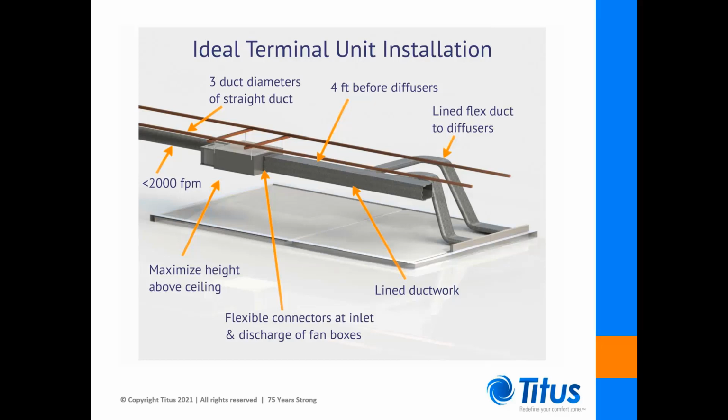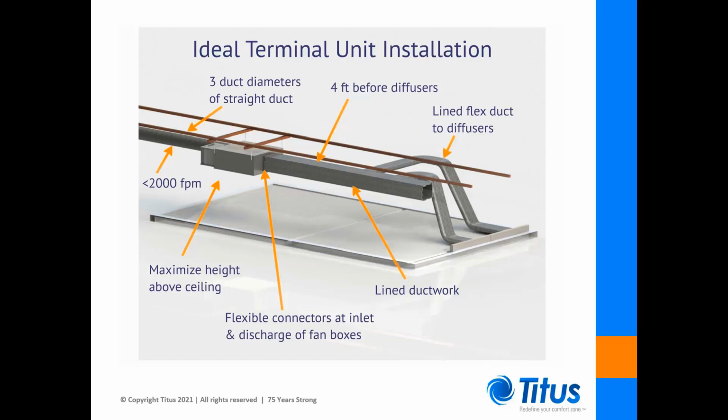I'm often asked about spring isolators. They aren't really required, and the units are tested and rated with rigid hangers. It's also worth noting that direct drive fan motors typically include rubber isolation grommets to provide internal vibration isolation. We'd like to have at least 4 feet of lined duct before our first diffuser takeoff.